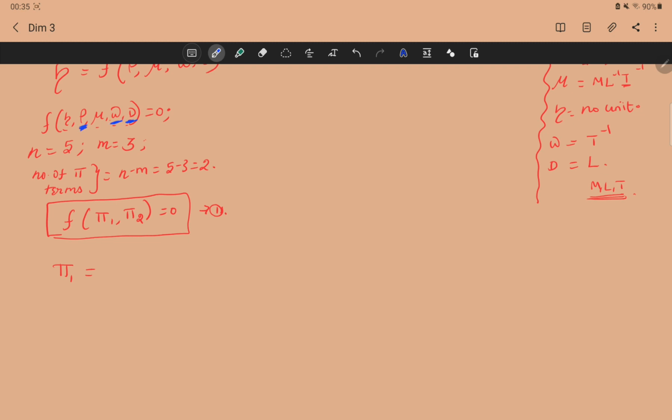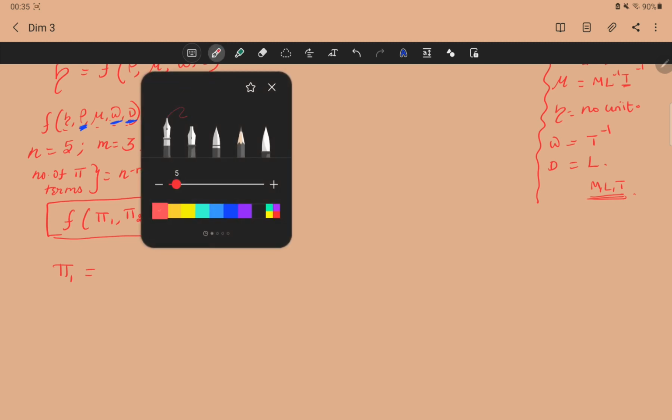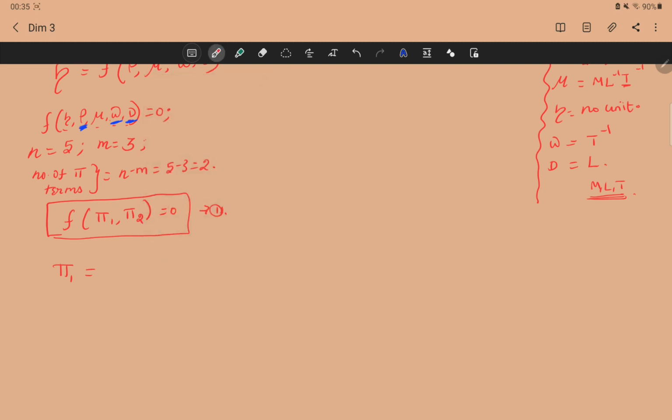These three are going to be the repeating variables. So pi 1 is d power a times omega power b times rho power c times one of the non-repeating variables, and I'm choosing efficiency.